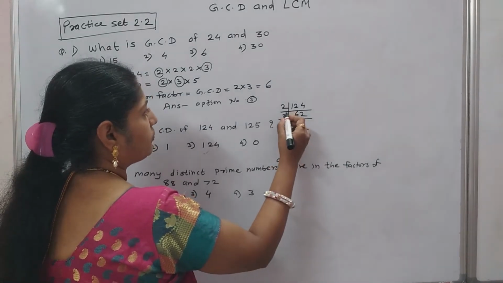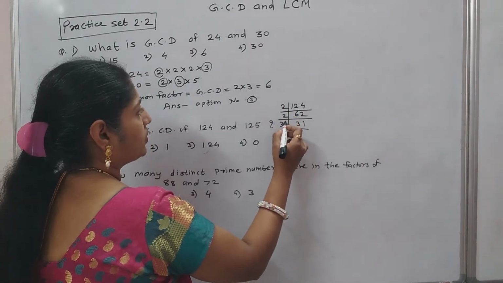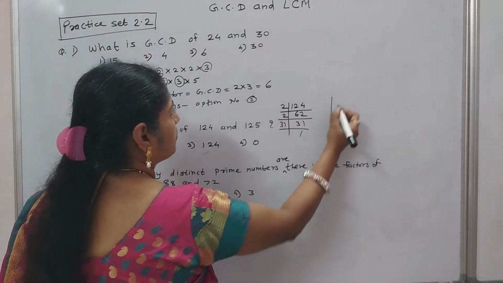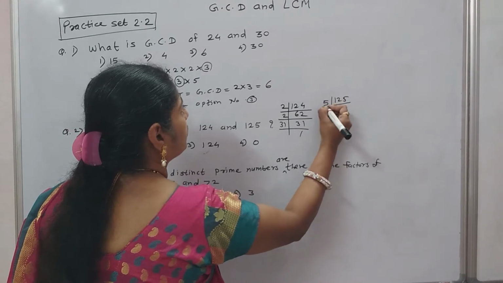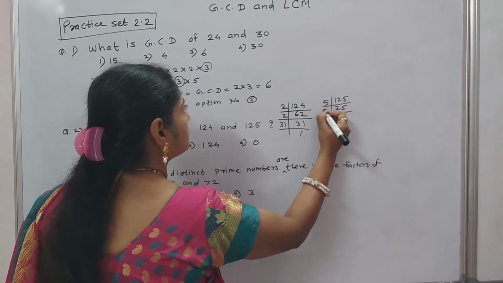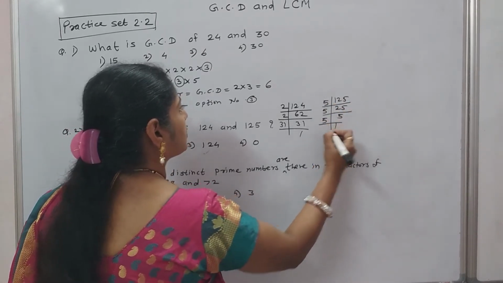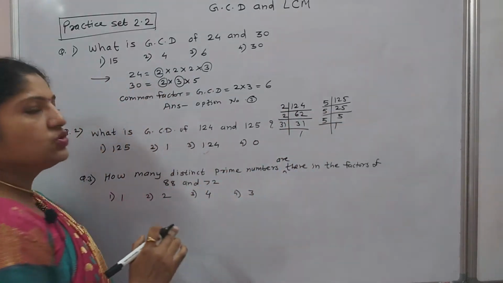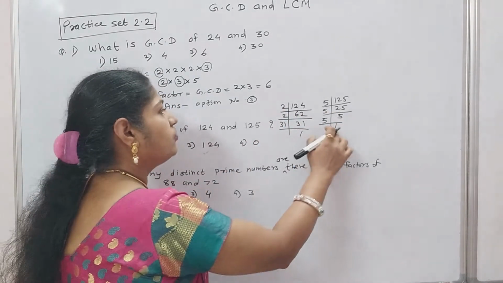Factors of 124: 2 into 2 into 31. And factors of 125: 5 into 5 into 5. Looking at those factors, there is no common factor other than 1.